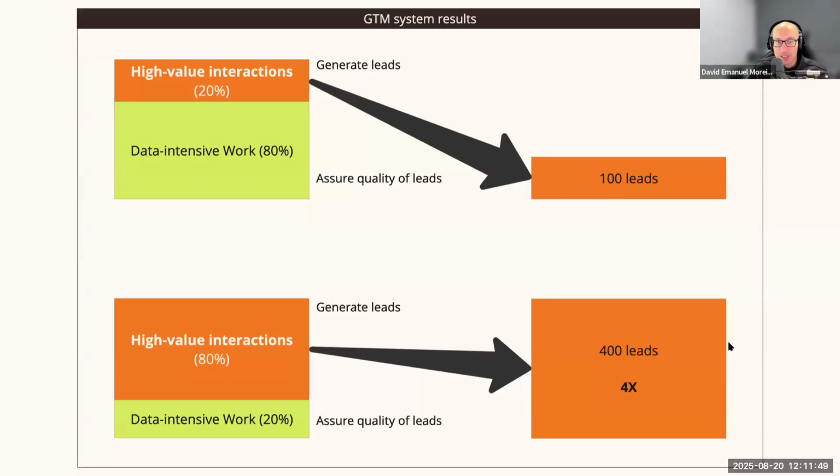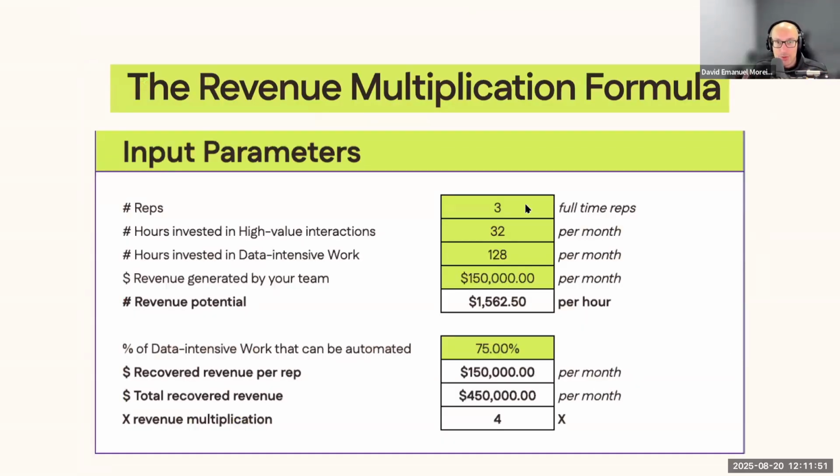So that's a lot. Let me explain it through another formula, in revenue, to make it simpler. If you have a team of 3 reps and they're investing 128 hours per month per rep into these data-intensive tasks, and they are providing you $150,000 per month, then each of these high-value interactions is actually giving you $1,500 per hour.